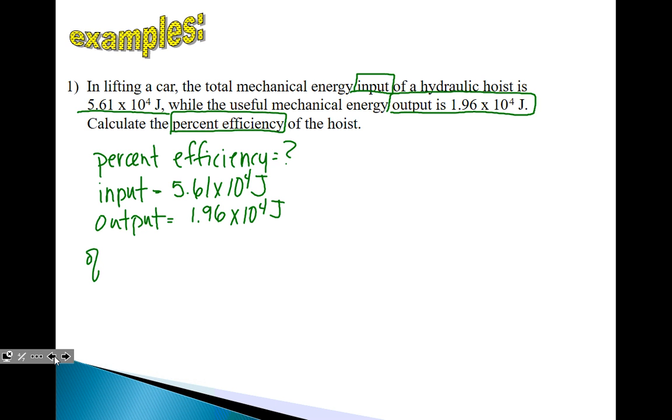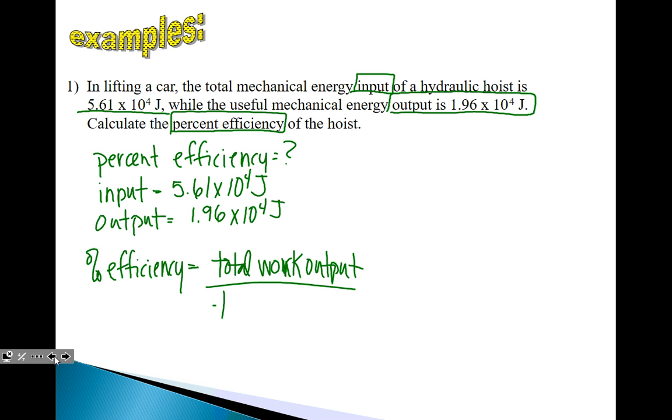Percent efficiency is equal to total work output over total work input, don't forget, times 100, right?